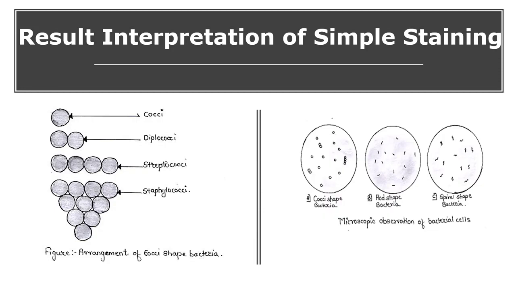Then if it is cocci shape, we can see its arrangement, which I have shown over here: single cocci, then diplococci, streptococci, staphylococci. This means we are able to identify the arrangement of cocci-shaped bacteria by using the simple staining technique.